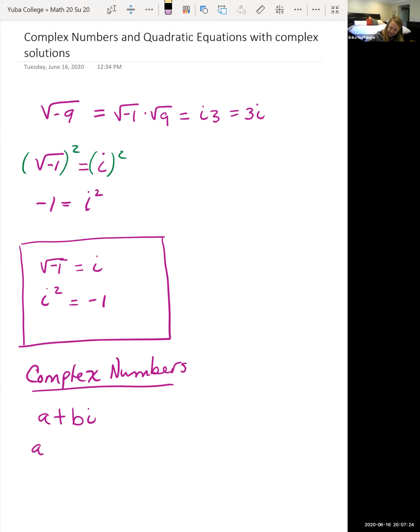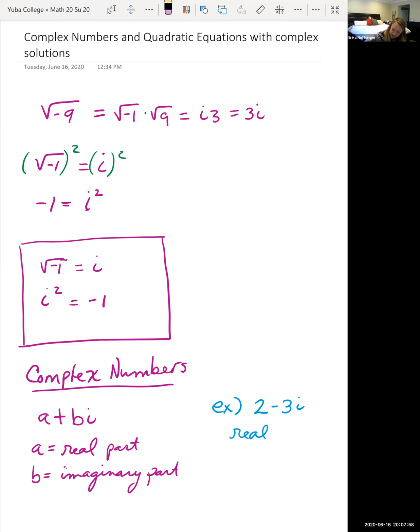So for example, if we had 2 minus 3i, and it asked you what is the real part and what is the imaginary part.